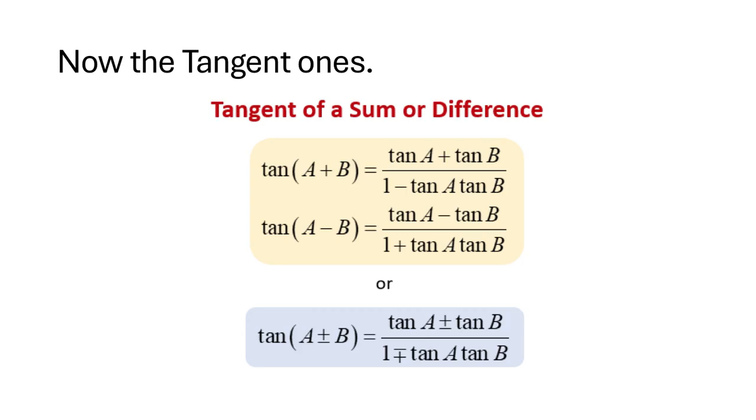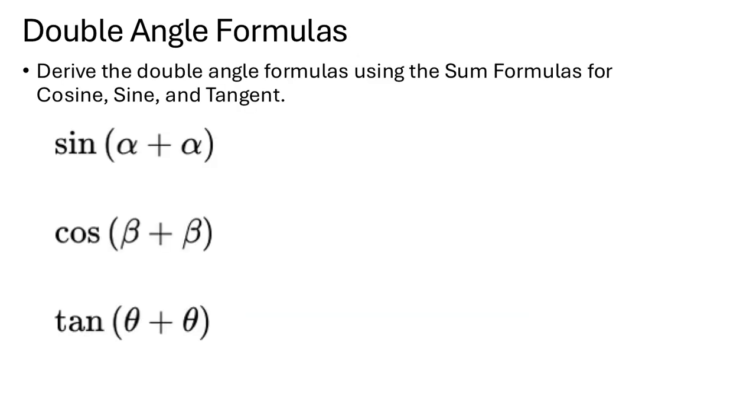Okay, so double angle formulas. Instead of memorizing these, I think it's more important to see how they come about. So let's just write them. Remember, sine of the sum formula alpha plus beta. Now it's just alpha plus alpha.